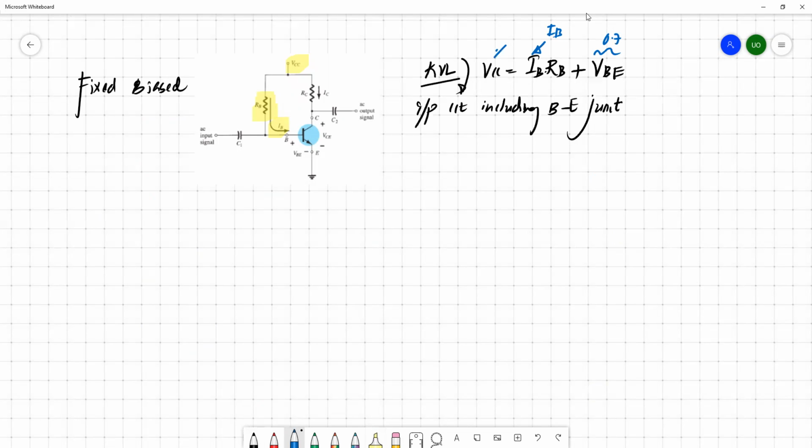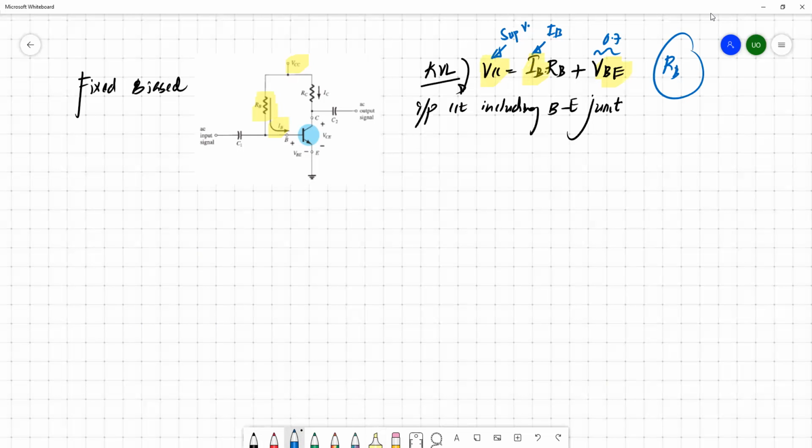This is the supply voltage, and you can select it according to the data sheet. These are known quantities. This is a known quantity. This is again known. So you can select the IB as you wish, and you can easily get the value for RB from here. So you can basically calculate the RB.